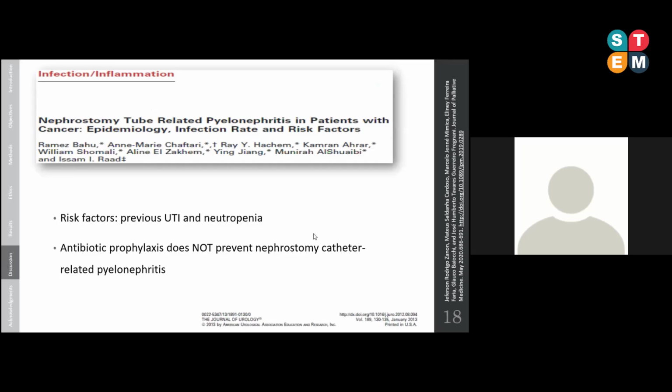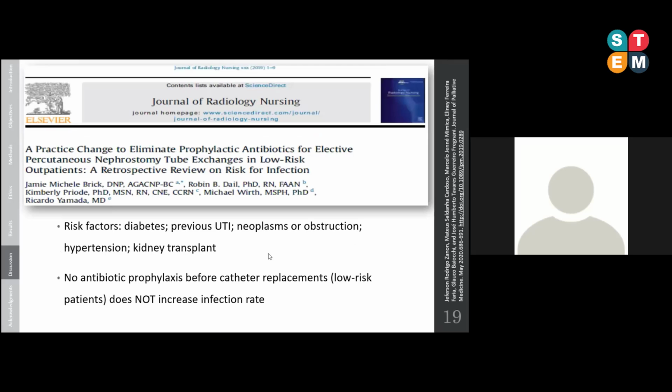This retrospective study published in 2013 found previous urinary infections and neutropenia as risk factors for nephrostomy-related pyelonephritis, and the authors concluded that antibiotic prophylaxis does not prevent nephrostomy-related infection. This other retrospective study evaluated diabetes, previous urinary infection, neoplasms or obstruction, hypertension, and kidney transplant as risk factors for catheter-related urinary tract infection, in a study specifically of replacement catheter nephrostomy.